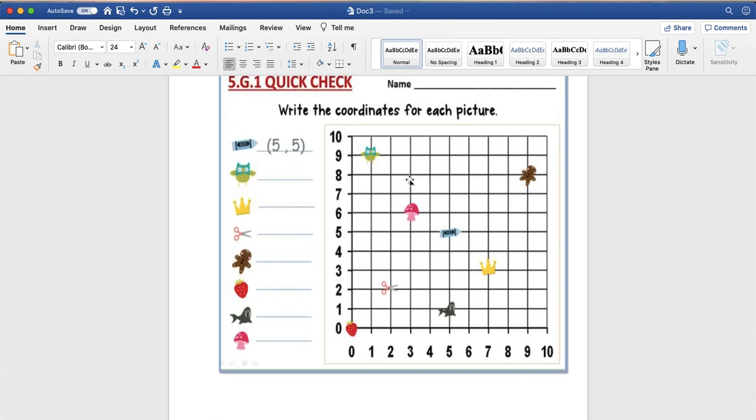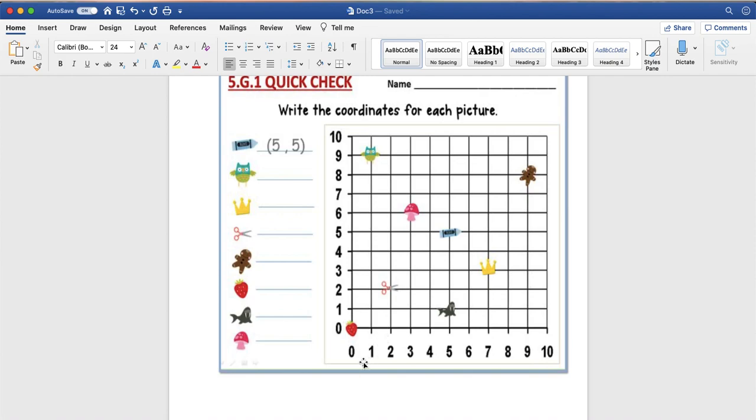So let's say I wanted to, instead of saying get to the walrus, now I'm going to give you a direction. So if I give you a direction, then you need to use that to get to the picture.